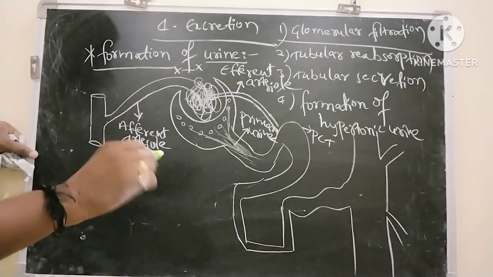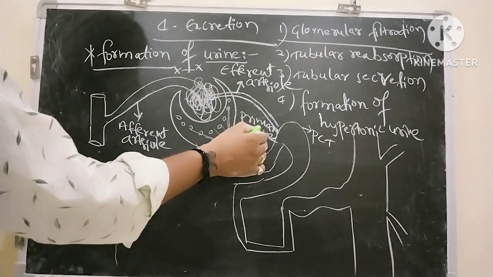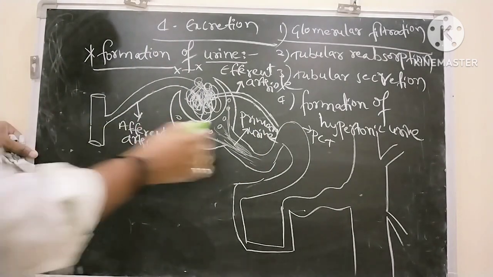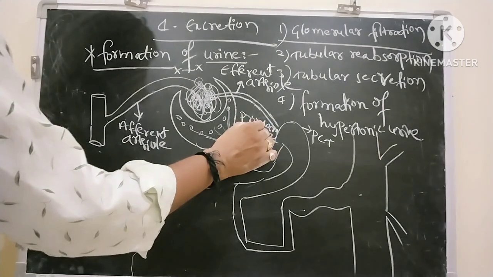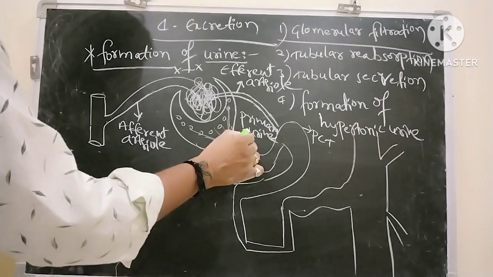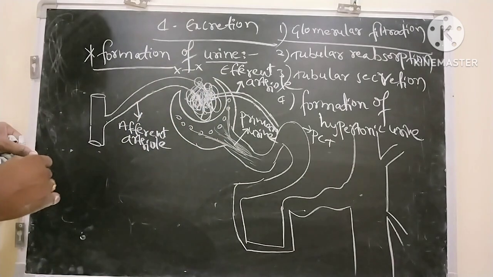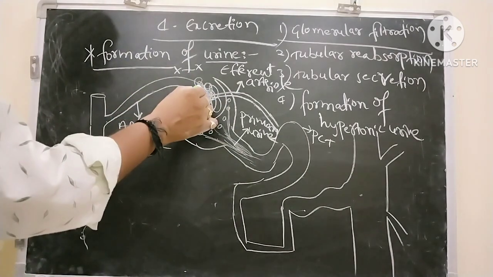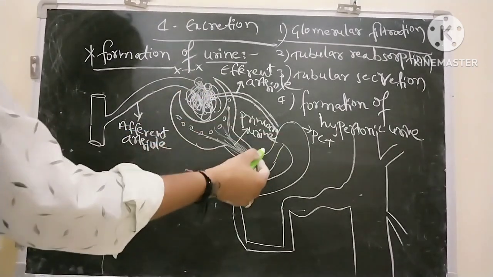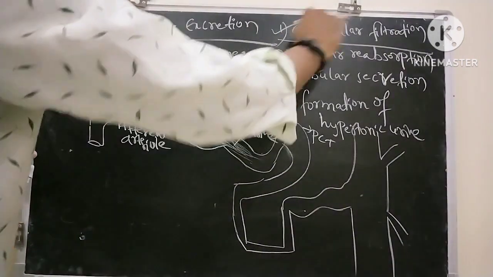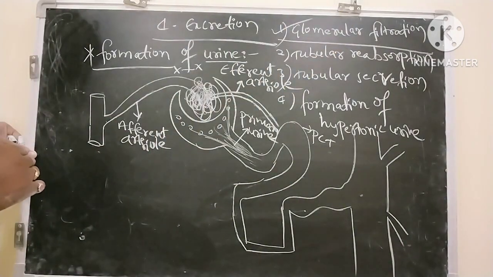It means still there are some substances which are required by our body present in this primary urine. Not only useful substances, other waste substances are also present in primary urine. Whatever the filtrate obtained, we call this process glomerular filtration.